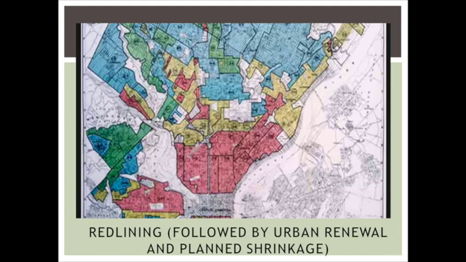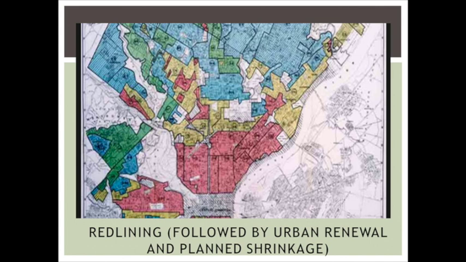So I promised an example of institutional racism through housing segregation. This is a map of Philadelphia, and it's actually from 1934. It's a bank mortgage lending map. I wonder how many people in the room have heard of redlining as a practice. Is that something you're familiar with? Actually, a good number of you.